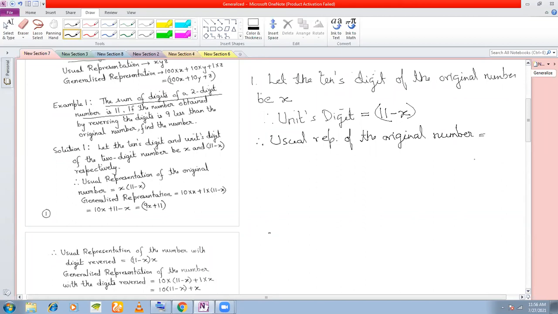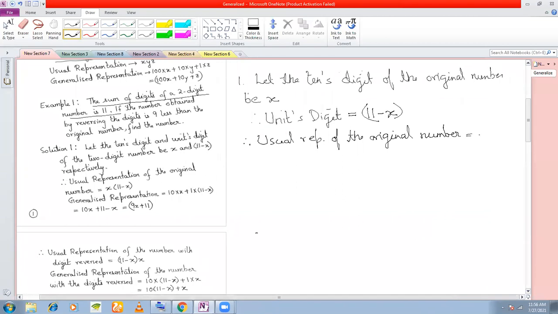We have taken the tens digit as x and the units digit is 11 minus x. Remember, this does not mean x into 11 minus x. This is just a way of writing, say if I write 65, this 65 does not mean 6 into 5.